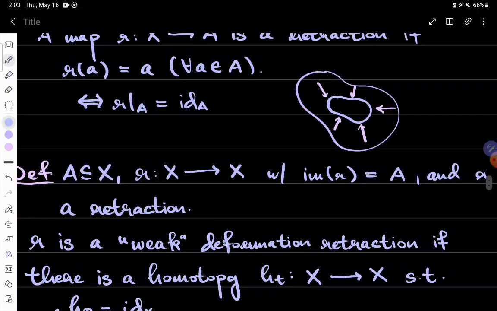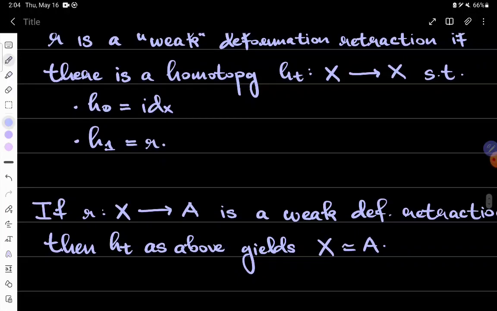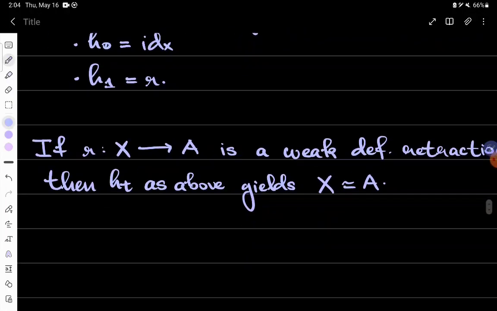So again, we think of it like above. This homotopy brings all the stuff in X, and it's going to be homotopy equivalent to the subspace A. We want to think of it as pushing everything into A over time.